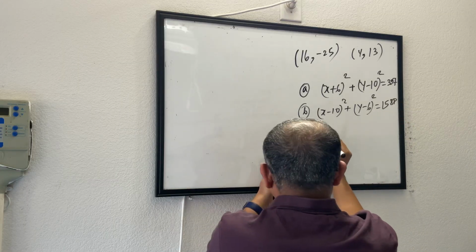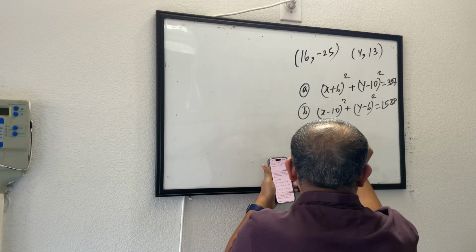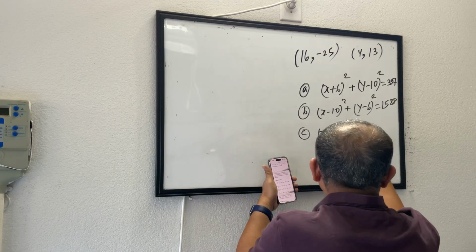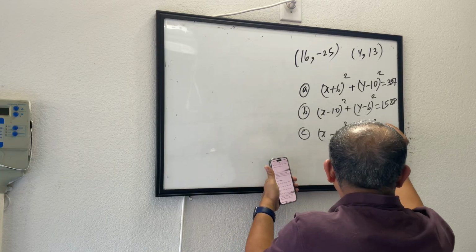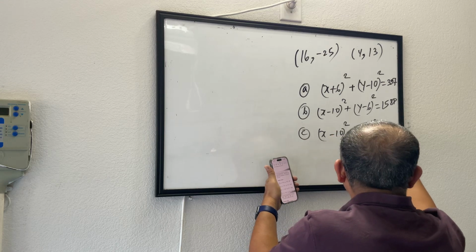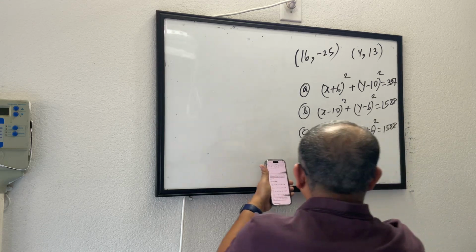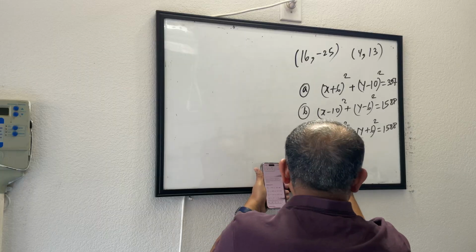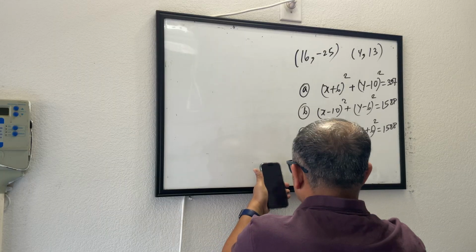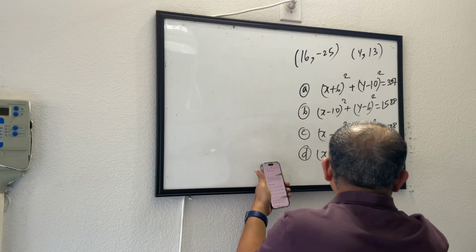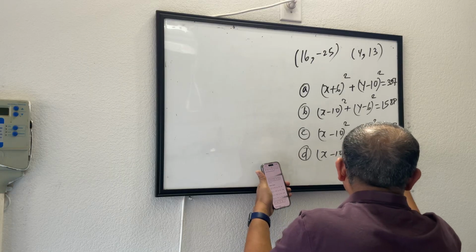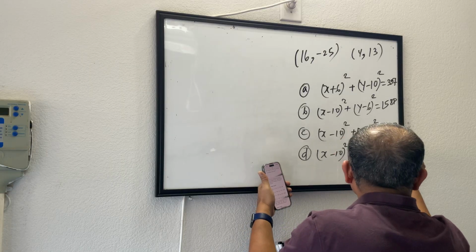The third option is (x minus 10) square plus (y plus 6) square equal to 1588. And the fourth option is (x minus 10) square plus (y plus 6) square equal to 397.